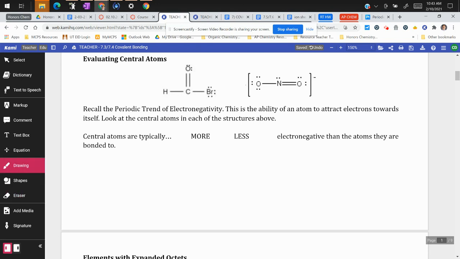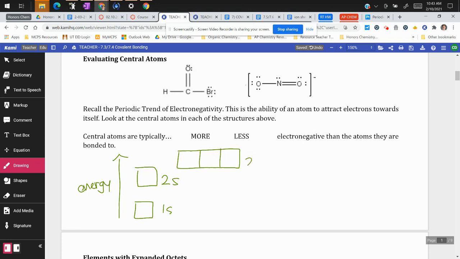To figure out why hydrogen only has 2 valence electrons in its valence shell, we have to think back to electron configurations and orbital notation. Here, I'm going to represent the orbitals as boxes, and I have the 1s orbital, the 2s orbital, and slightly higher in energy is the 2p orbital.